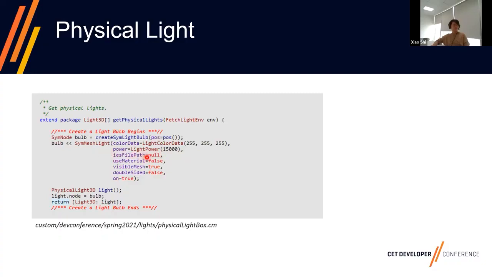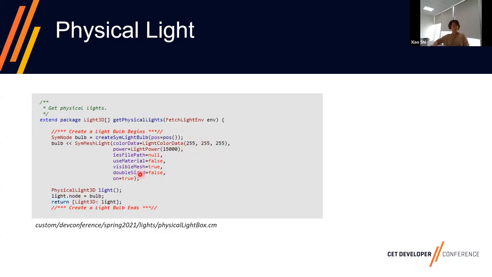This IES file is a way to control how your light is attenuated and how your light affects what the shadow looks like. The use materials option means that if you set it to true, then it will overwrite the color data. So if you apply a red material, it will overwrite this color data and show it more red.